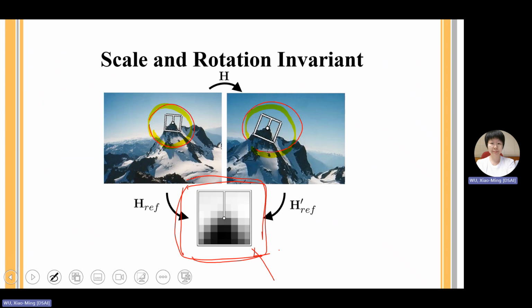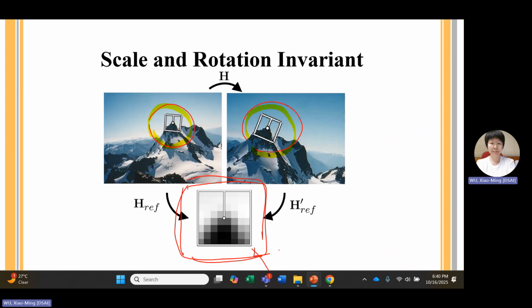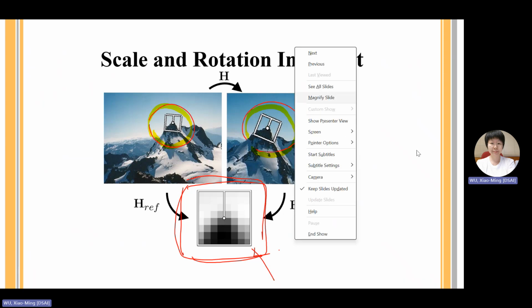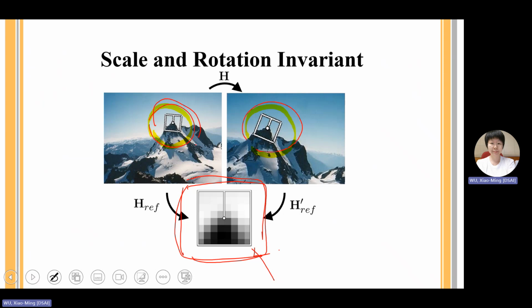That is basically what the SIFT detector does. First, we do detection, identify those interest points, and then we represent these image patches by removing their scaling and orientation effect, so they can be represented by the same feature.